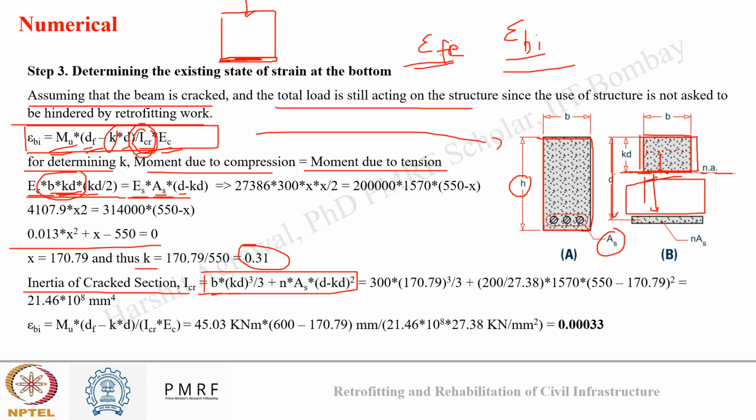Substituting these values, we get the inertia of the cracked section. Substituting all these values in the first equation, we get the strain in the extreme fiber of concrete just before we applied the FRP. So epsilon_bi, upon substituting all the values, comes out to be 0.00031.